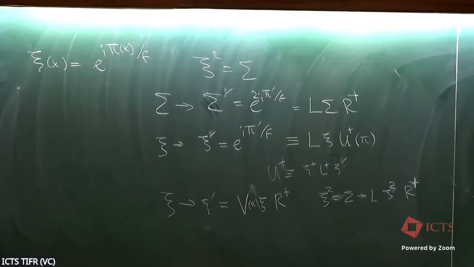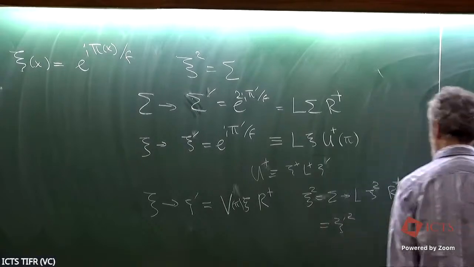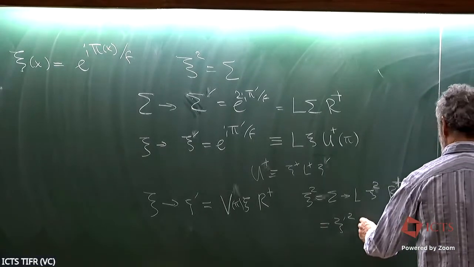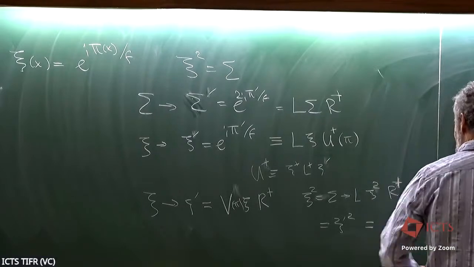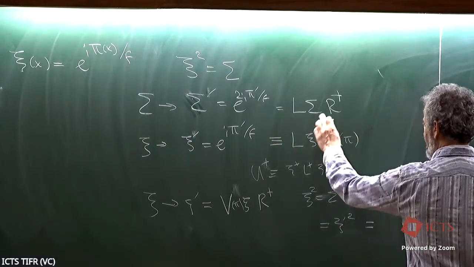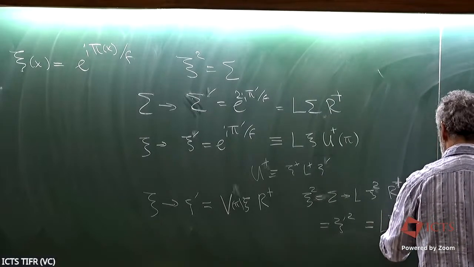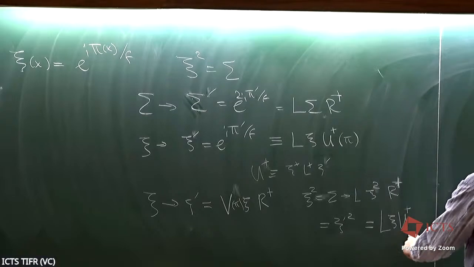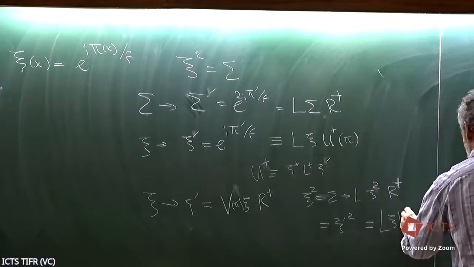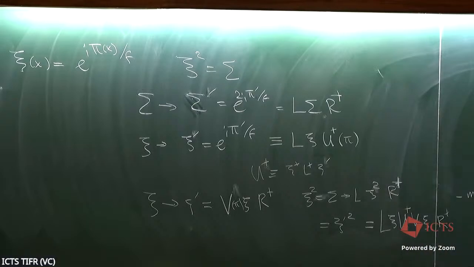And this has to equal C prime squared. For the first C prime, I'll take this definition, so that's L C U dagger. And for the second C prime, I'll use this definition, which is V C R dagger.